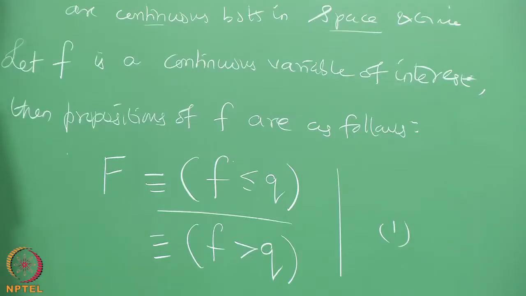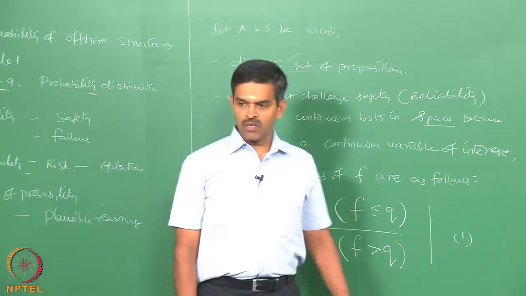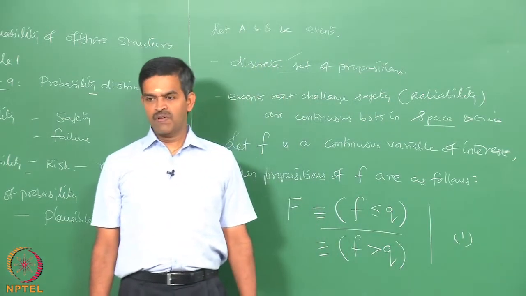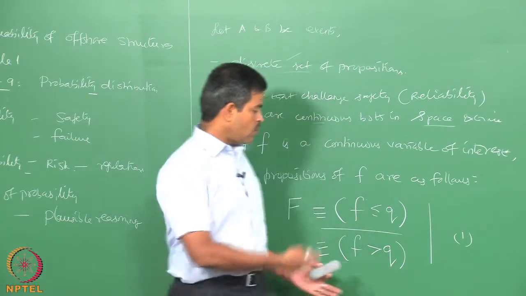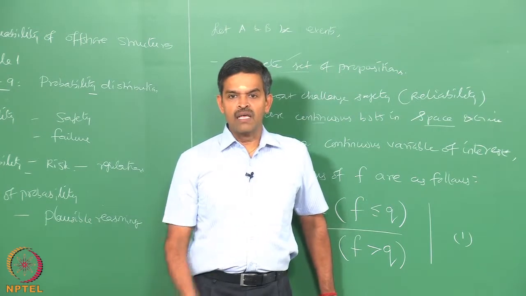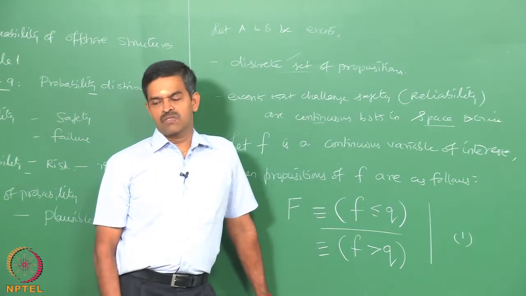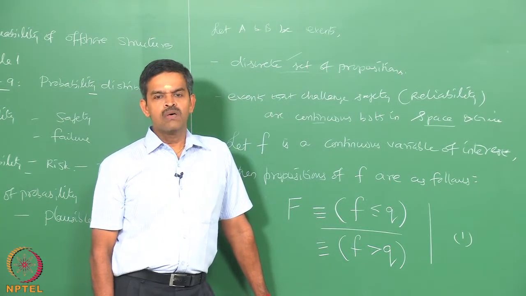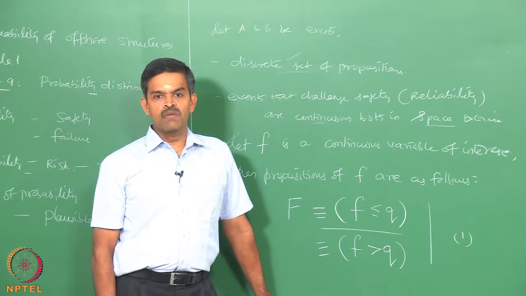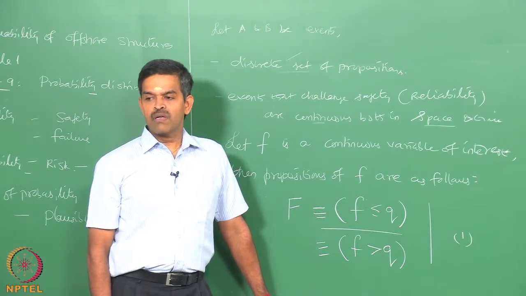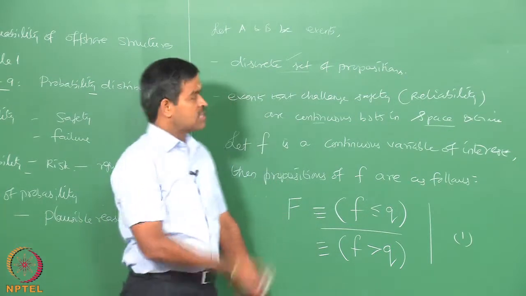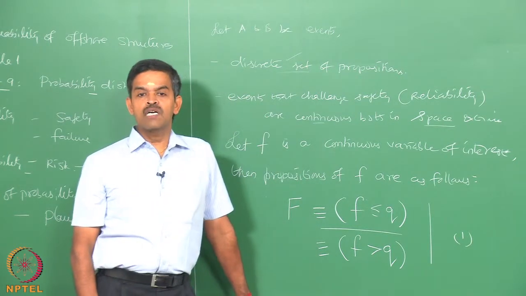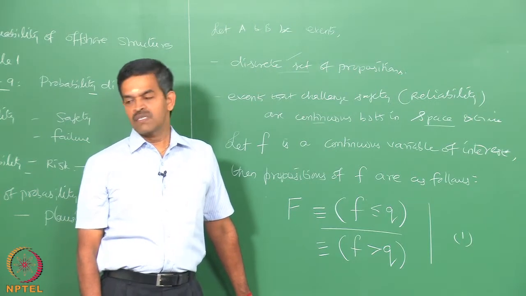Therefore, whatever rules of plausible reasoning and whatever rules of probability and combination of events which we have studied so far can be directly applicable, because now we are talking about discrete and mutually exclusive and exhaustive propositions. Therefore, all rules we studied so far can be directly applied for reliability studies, even though the events or sets of propositions remain continuous both in space and time.